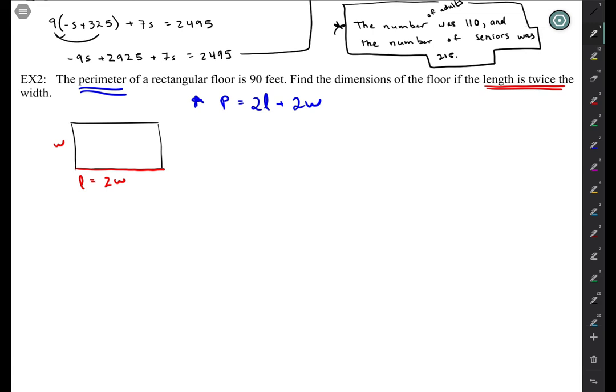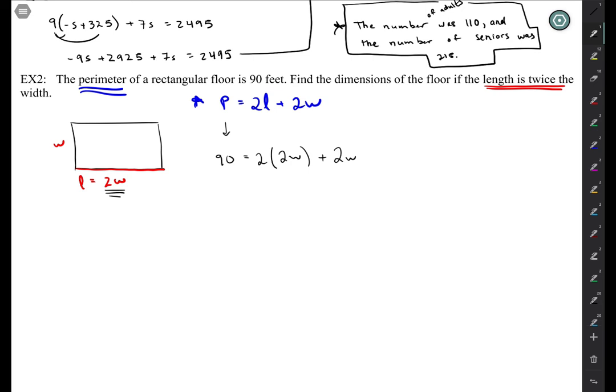So first off, perimeter, 90 feet. Well, that means P must be 90. 2 times the length. Well, length is really, we're going to use substitution here, 2w. Okay? And then plus another 2w.